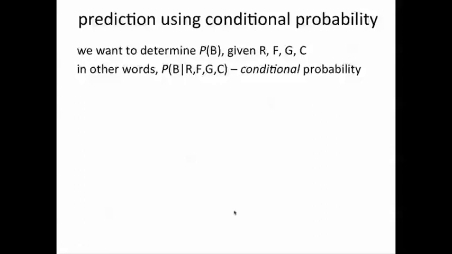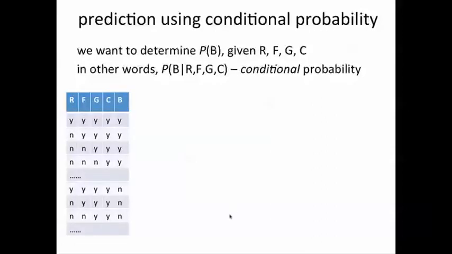Let's see what we really need to do. For each combination of keywords being present or absent, for example, all yeses, 3 yeses and a no, 2 no's and 2 yeses, we have the probability that there's a buy, and we would also like to figure out the probability for the same combination that there is not a buy.